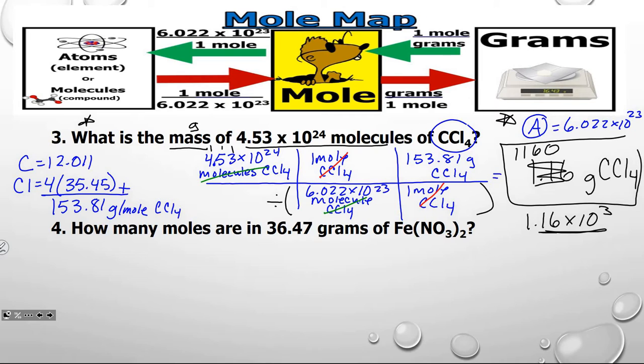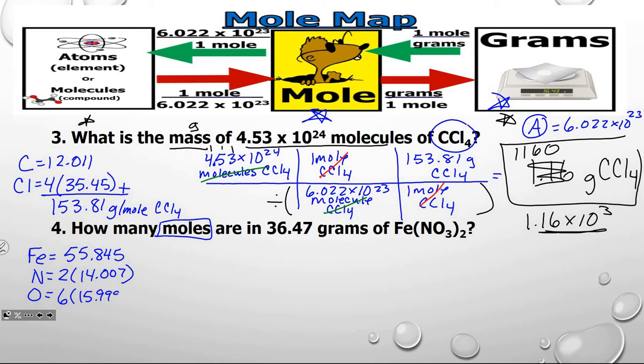Now we go to the next one. Again, we are just stopping here at moles. We are trying to get here, but we are right here right now. Since we have to have grams to get from grams to moles, I'm going to have to add up that iron nitrate, iron 2 nitrate. So Fe 55.845, nitrate, we have 2 of them, 14.007, and oxygen, 3 times 2 is 6, so we have 15.999.